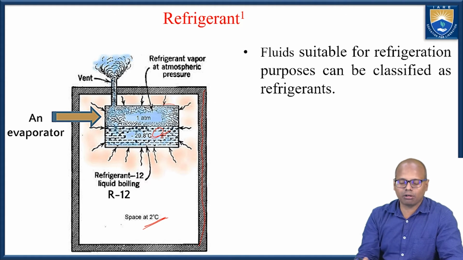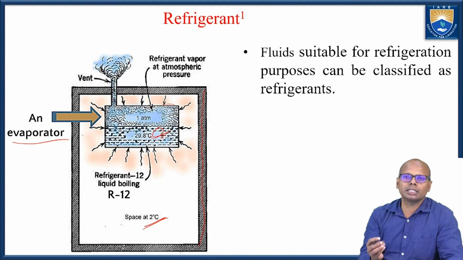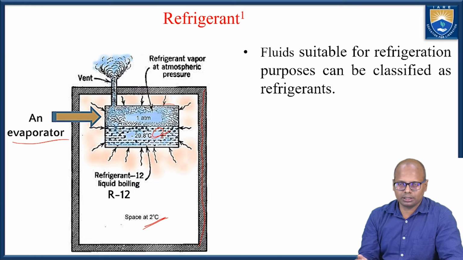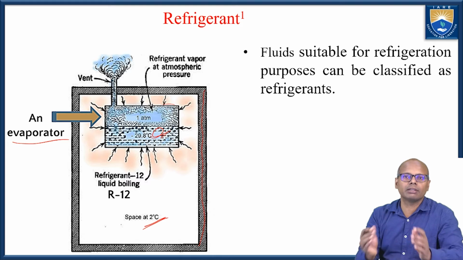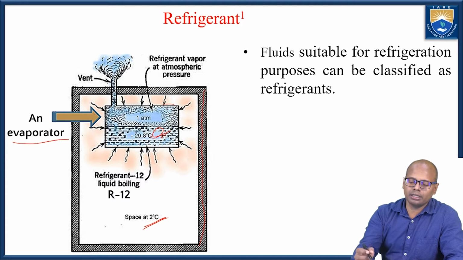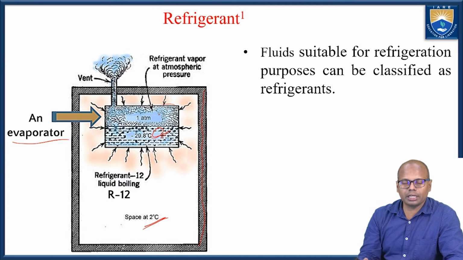Here we are keeping one container called the evaporator. In the evaporator, the refrigerant is getting evaporated, and it is happening at a pressure equal to atmospheric pressure, or it can be lower than the atmospheric pressure.